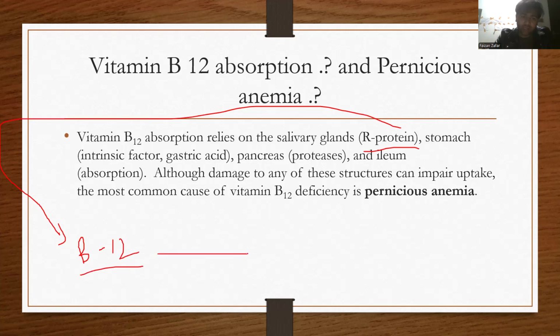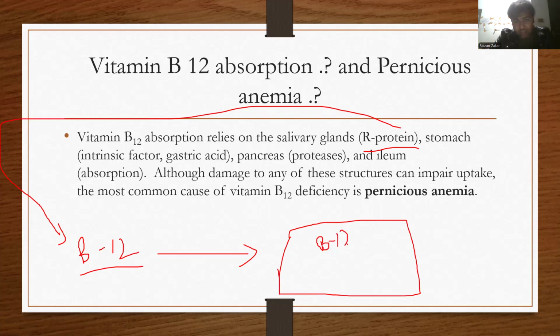When this B12 goes to the stomach, what will happen? This B12 will bind with intrinsic factor. When it reaches the intestine, the proteases will cleave the intrinsic factor from B12, and this B12 is absorbed in the ileum.